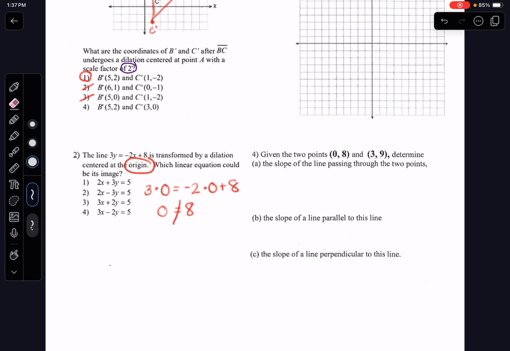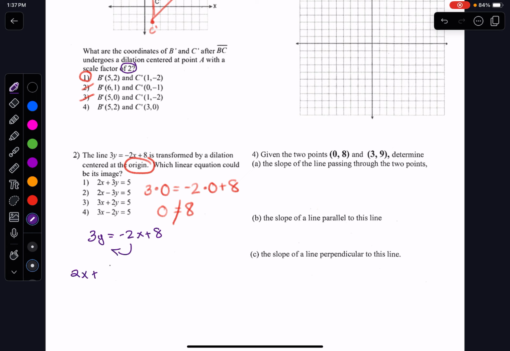So if I rewrite my equation, my original equation was 3y equals negative 2x plus 8. If I move this over, if I add it to the other side, I now have something that is very similar to what is currently being written up here. The slope has to be the same. So the coefficients, the numbers in front of x and y, have to be the same.